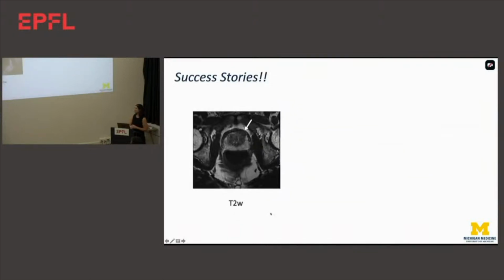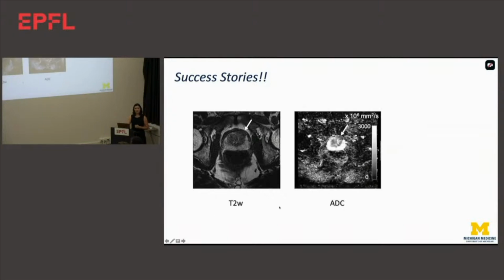This is an example of a prostate image where commonly a T2 weighted image is collected. Just to clarify, a T2 weighted image uses the T2 property to generate this grayscale. It's not a map of T2, but we're using T2 here. So I would consider this a qualitative image. But what we also need to diagnose prostate cancer is a map of the apparent diffusion coefficient.